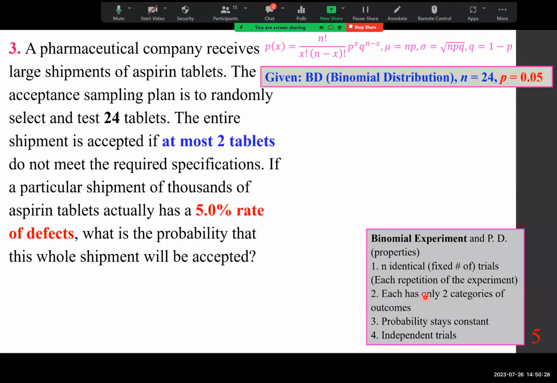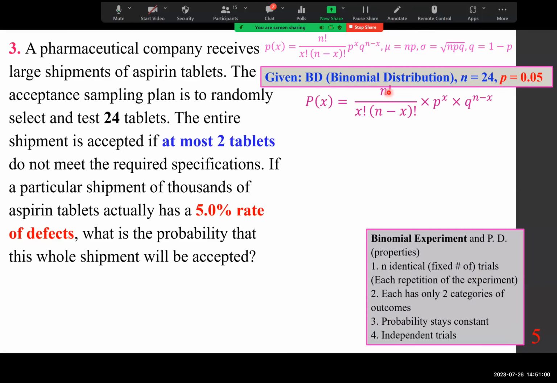Precisely 2 outcomes, odd versus even. Probability stays constant, so it doesn't change from one trial to the next. And they're all independent, okay? Independent. So let's see what we can write here. We have this formula.